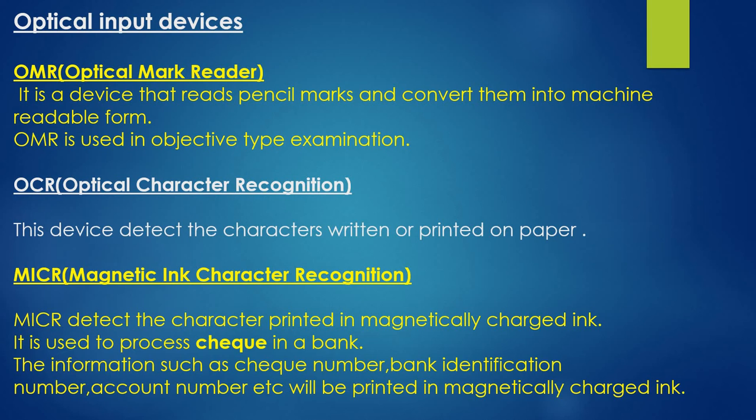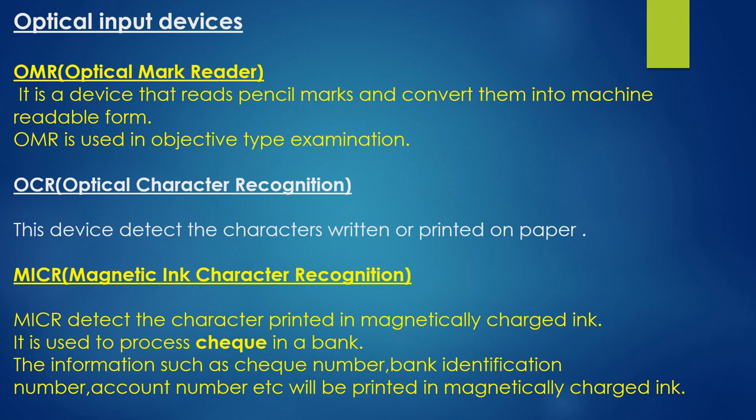OCR, optical character recognition. MICR, magnetic ink character recognition. Then OMR means optical mark reader. It is a device that reads pencil marks and converts them into machine readable form.